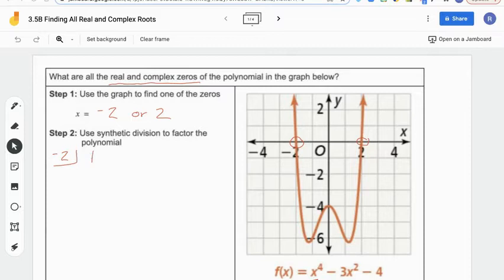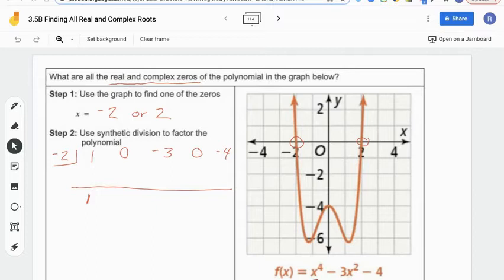Notice that there is no x cubed, so I need to put a 0 in its place. There also is no single x, so I'll put that 0 in.